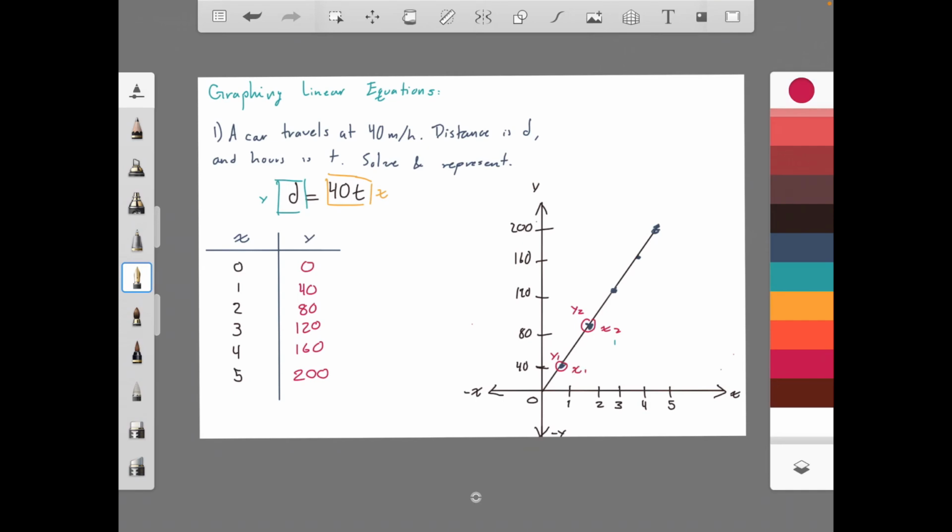And the way we find the slope is y2 minus y1 over x2 minus x1. And the answer to this, as you know, is going to be 80 minus 40 over 2 minus 1, which is equal to 40 over 1. So that is going to be our slope.